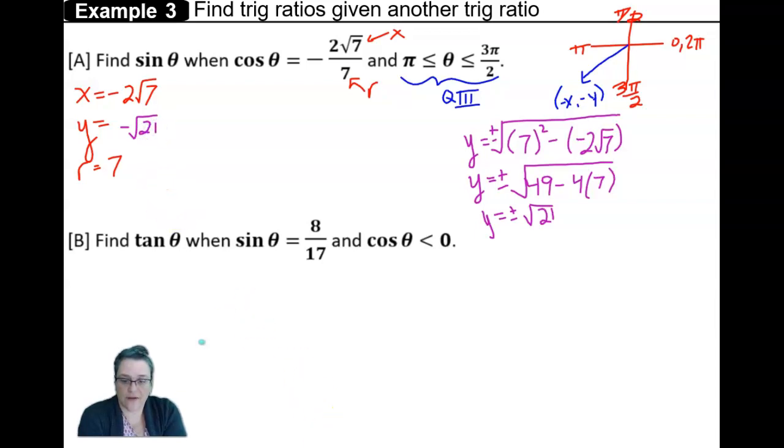So now to find the sine ratio, sine is defined as the y over the r. So the sine of our angle theta, which we know is in quadrant 3, is equal to negative square root of 21 over 7.